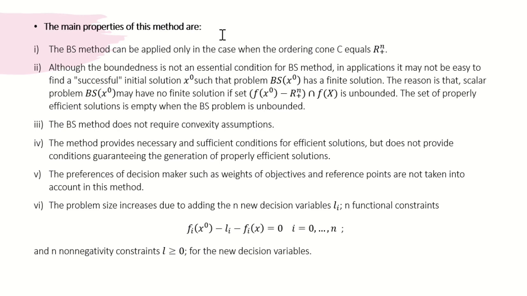It can be applied to any optimization problem whose ordering cone is R^n_+, and although boundedness is not an official condition for this method, it may not be easy to find a successful initial solution for this problem.